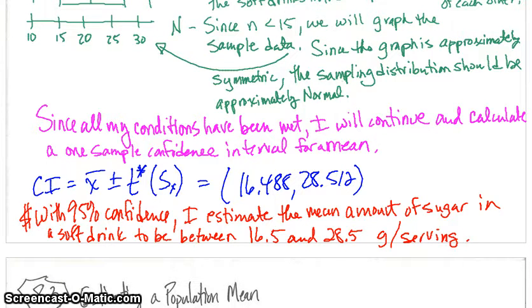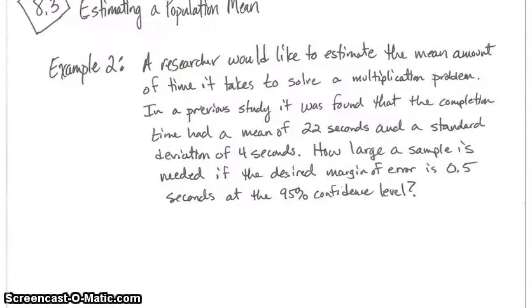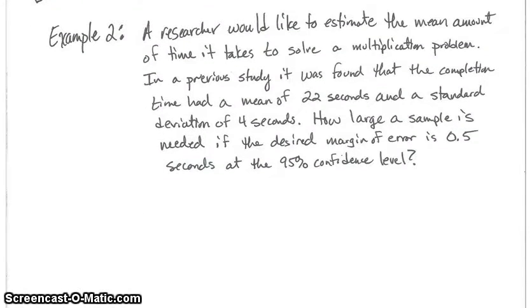All right. Here we go. Moving on to example number 2. A researcher would like to estimate the mean amount of time it takes to solve a multiplication problem. In the previous study, it was found that we have this information. How large a sample? Now, this is key. How large a sample?